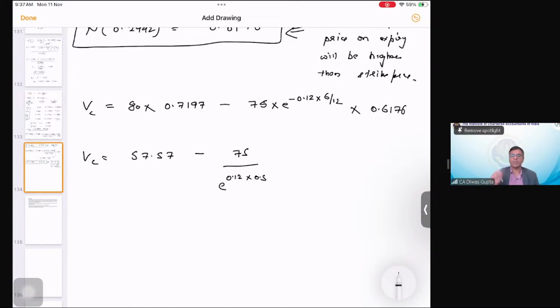Or if something is in the denominator and you want to multiply above, then you have to put a minus in the power. Okay, so this is a simple thing that I have done, into 0.6176. Now this value is also given in the question, students.